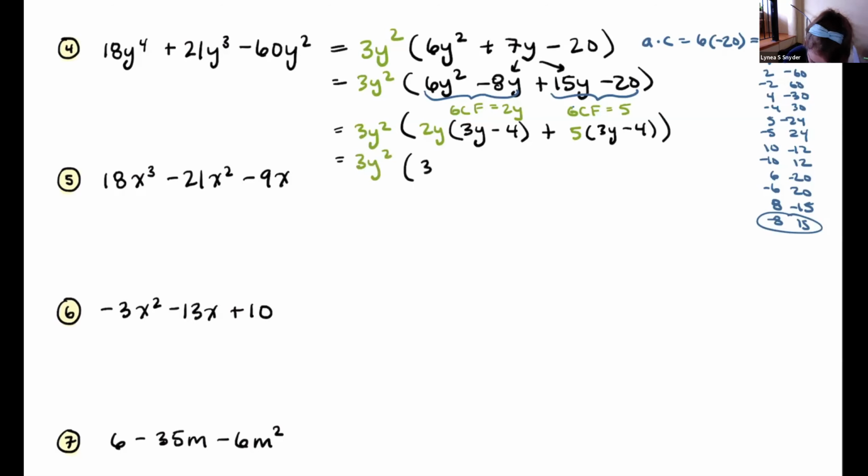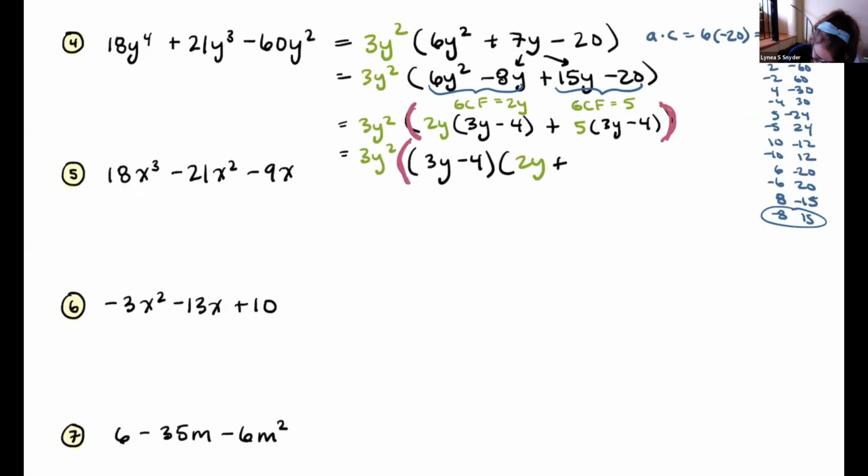We will have a 3y minus 4 to factor out of those two terms in the outer parentheses. Kind of hard to see in these pink ones here. And then we will have a 2y plus 5 left over when we factor out the 3y minus 4. Those pink parentheses aren't really necessary. I'm just trying to visually show you where they came from.